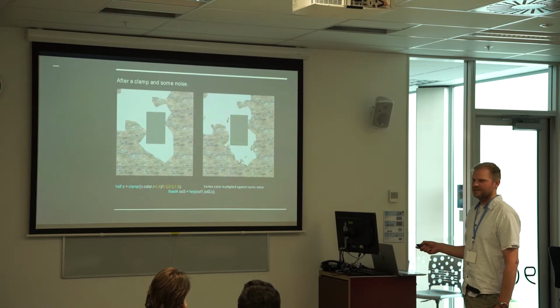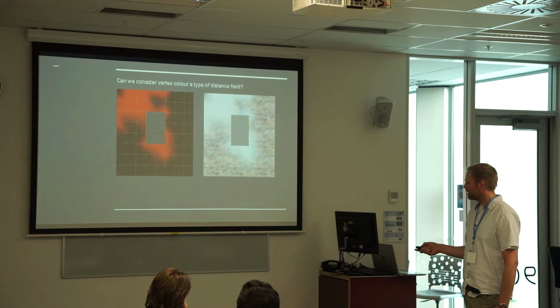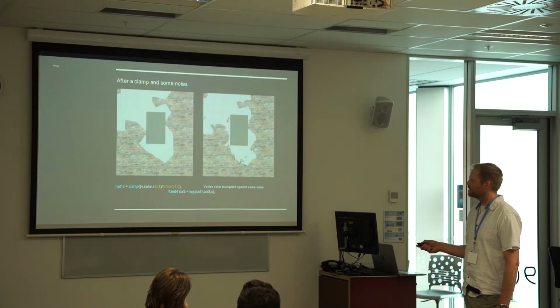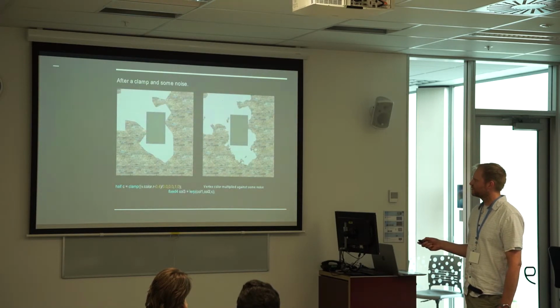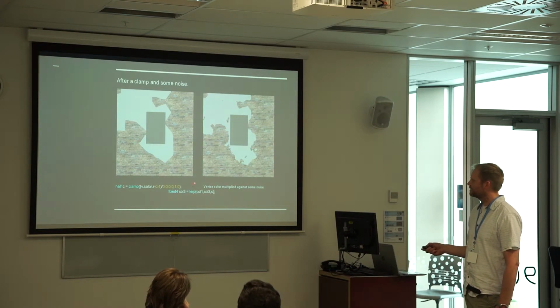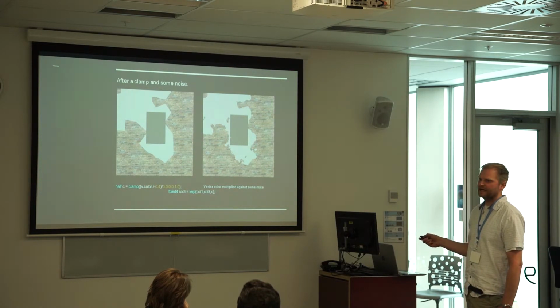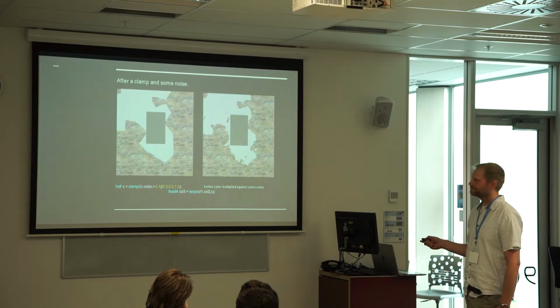So this is the exact same, this is the red from the previous slide. This is the same information being fed in, but with a simple clamp applied. And here I multiplied this V color R, the vertex color R, against the noise, and it's giving me more reasonable looking plaster on this brick.